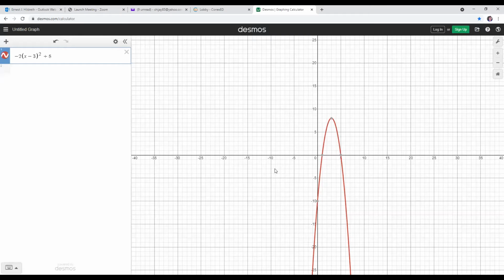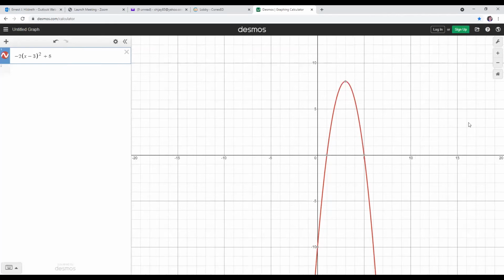So what I like about this is it gives us our points. As you can see, we have a y-intercept here at 0, negative 10, an x-intercept at 1, 0, and another x-intercept at 5, 0. And our maximum is here at 3, 8.